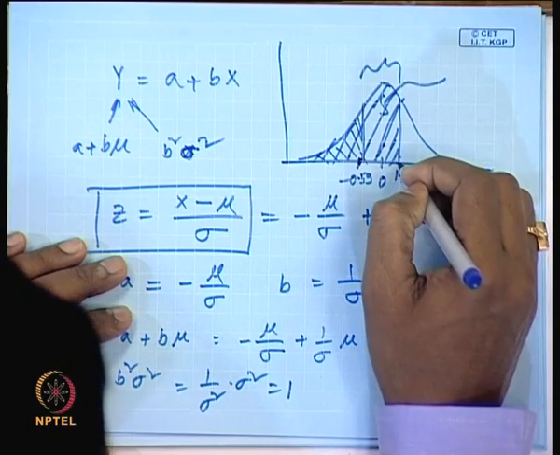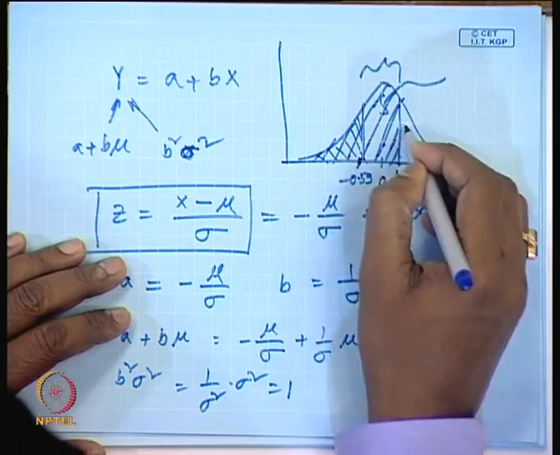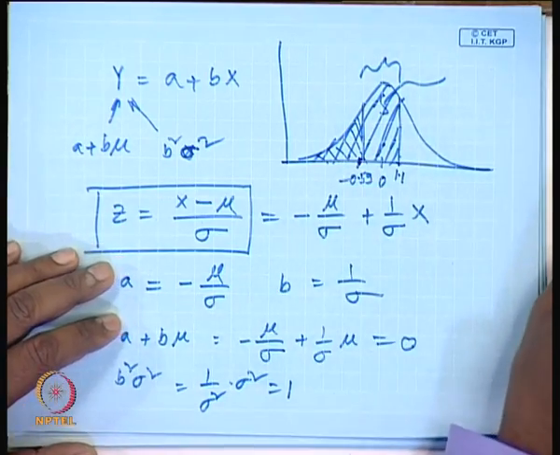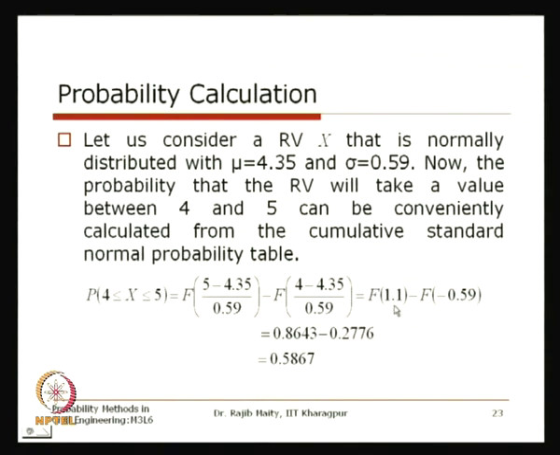So the total area up to this point minus the total area up to that point gives the probability between these two limits. This is exactly what is done here. First, we converted to the reduced variate: 5 corresponds to 1.1 and 4 corresponds to minus 0.59, and these two values are taken from the standard normal distribution table.